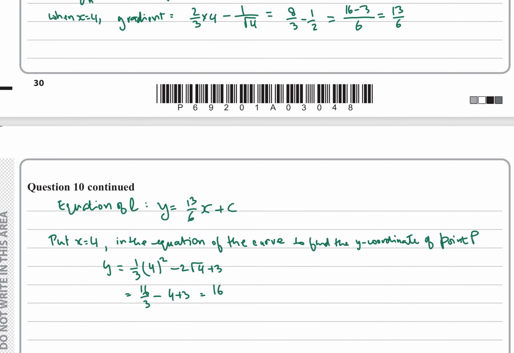That is equal to 16 over 3 minus 1. That is 16 minus 3, so that is 13 over 3.